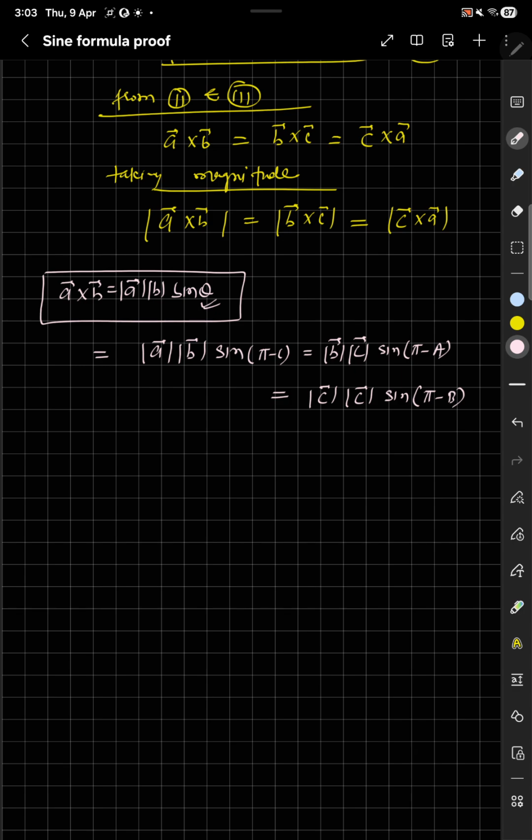Now what you have to do is, here we know that sine of pi minus c will be sine c, because the angle will lie in the second quadrant, and in second quadrant sine is always positive.